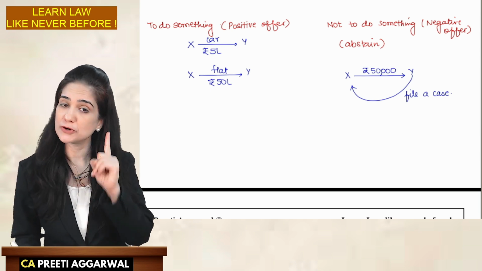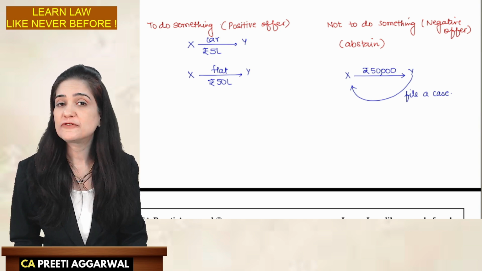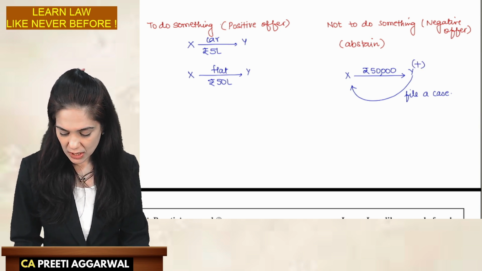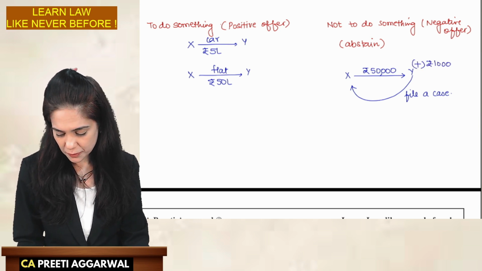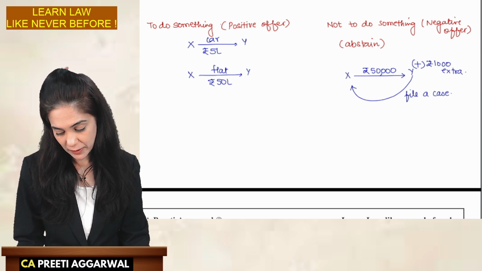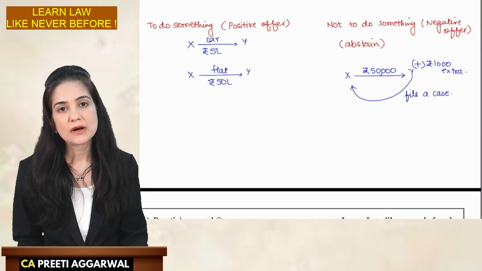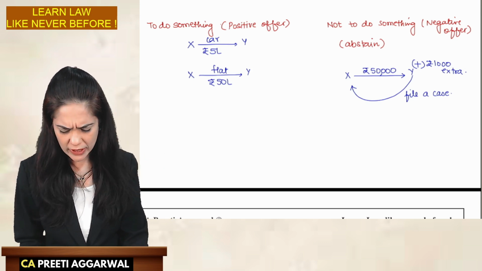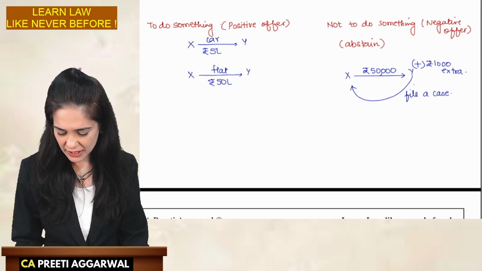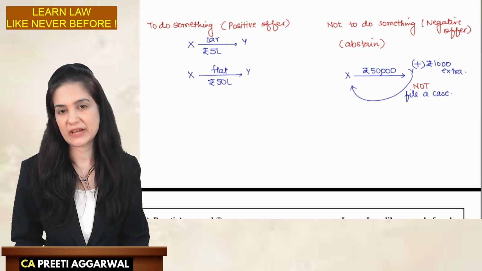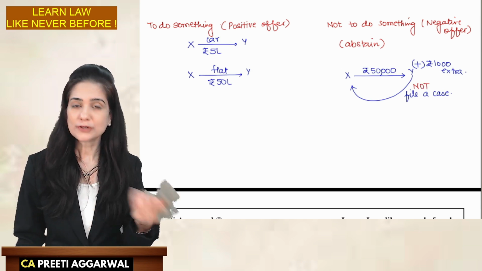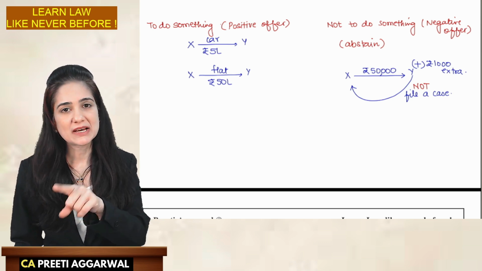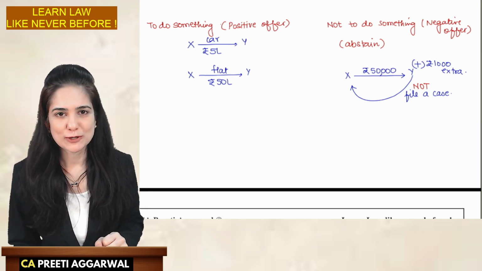Y says, I will not file a case against you if you pay this 50,000 rupees along with 1,000 rupees extra. You made me wait so much. All right, I will pay. Then Y says, okay, if you pay me that 1,000 rupees extra, I will not file a case against you. Not to do something, that is the negative aspect of offer.